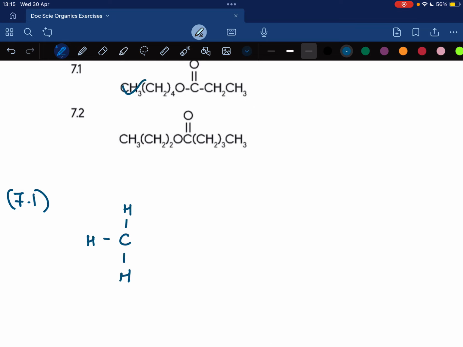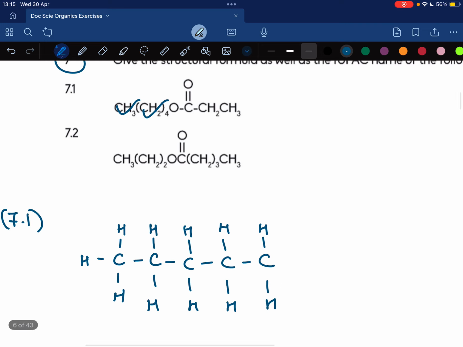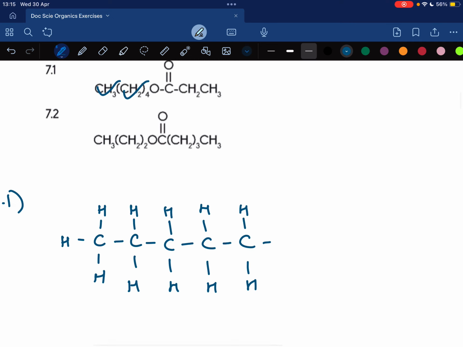Then CH2 4 times, so we have 1, 2, 3, 4 with H2s. Don't get confused, this isn't a bracket for a substituent. Then I can see it's a bond to O, C, double bond O, C, H2, CH3.